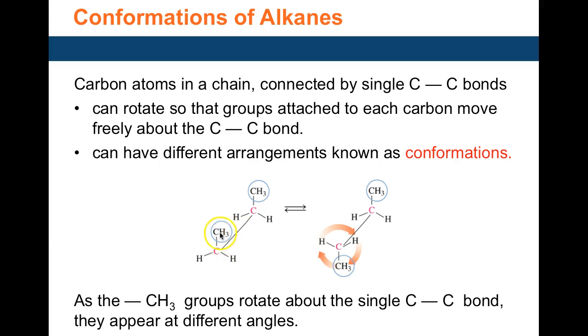And so sometimes this group is up together like this, or one is up and one is down because the single bonds allow for free rotations. That can lead to several types of arrangements, and all of these arrangements are called conformations.